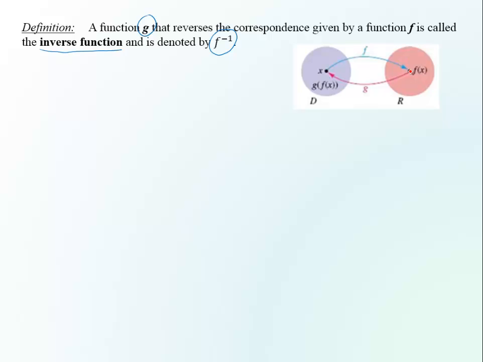So starting with a point y in the range of f, if we apply g first and then f, this composition also should bring f of x, or our y, to the same point y. Therefore, this really means that g is an inverse to f if and only if both g composed with f is the identity and also f composed with g is the identity.